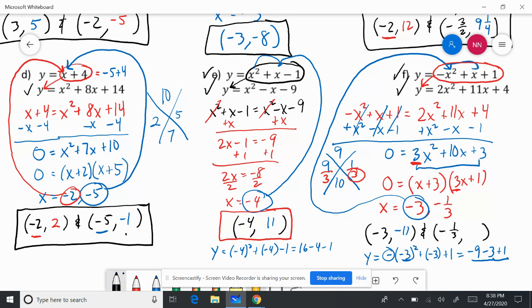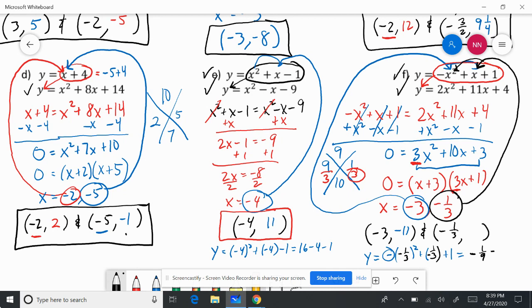Now, if I take my -1/3 and plug it in to that same equation, what I get is -1/3 squared, then plus -1/3. 1 squared is 1. 3 squared is 9. So that would be -1/9.